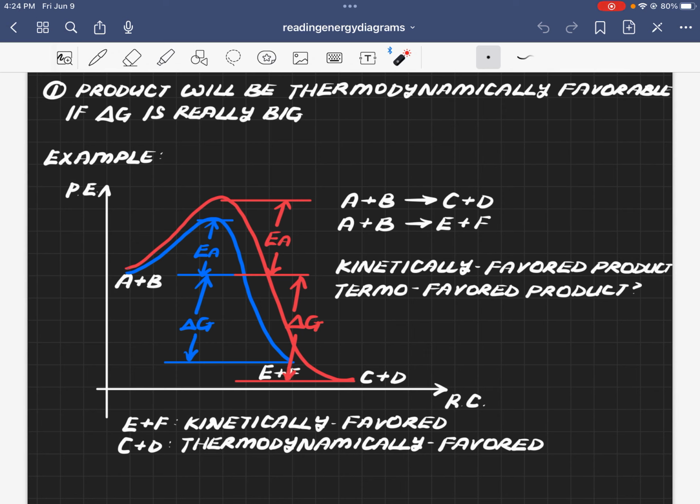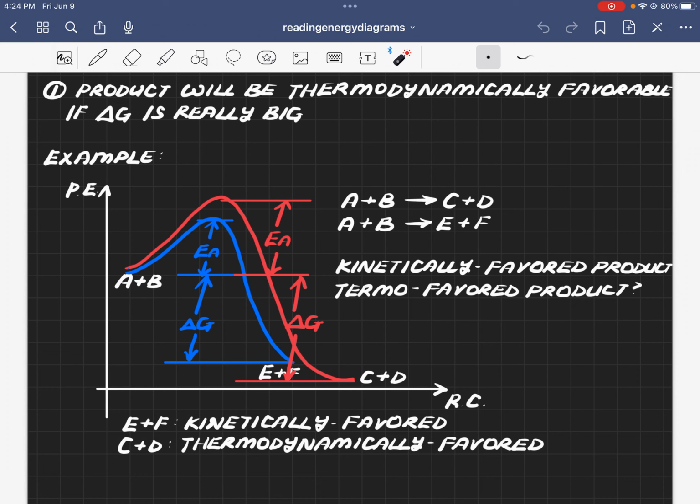Now, to determine the thermodynamically favorable product, we look at the difference in energy between the reactants and the products. So for the blue curve, for the formation of E plus F, we have this difference in energy. And then for the red curve, for the formation of C plus D, we have this free energy level.